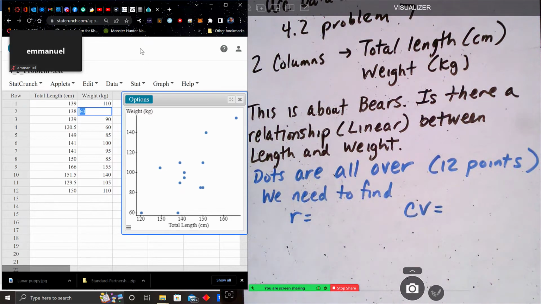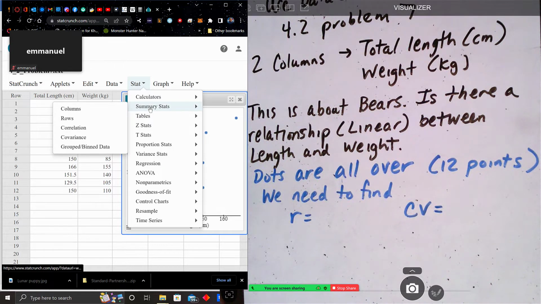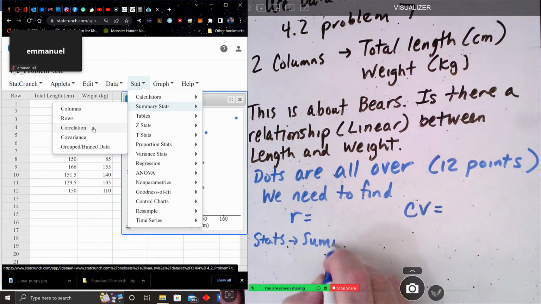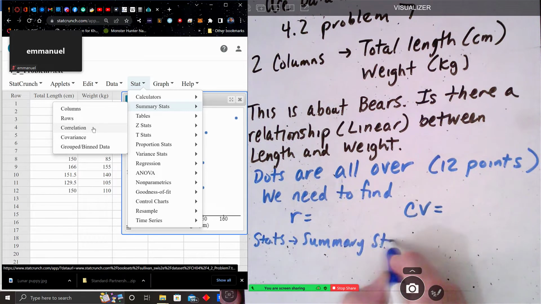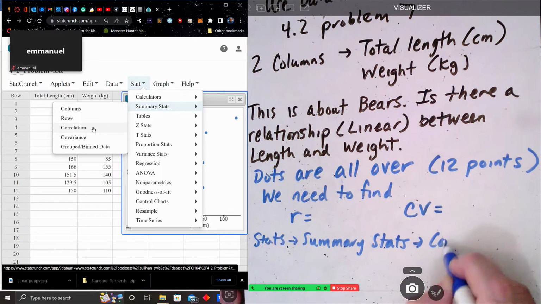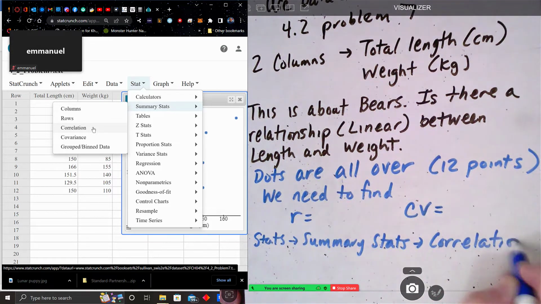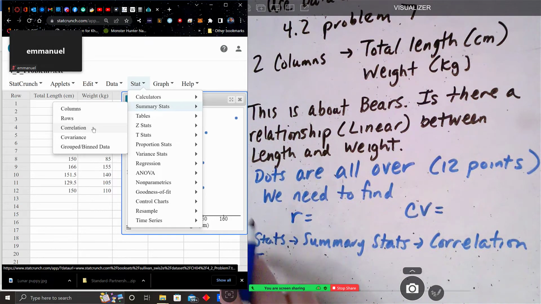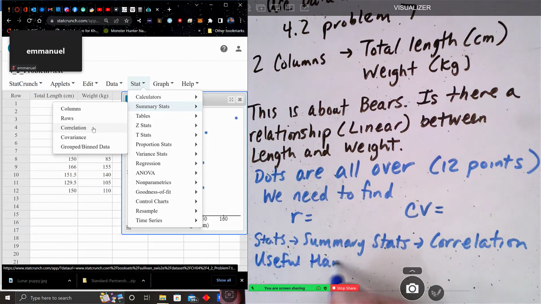So let's do that. We can find R doing stats, summary stats, and correlation. And then to find the critical value, we've got to go to that useful handout in files.